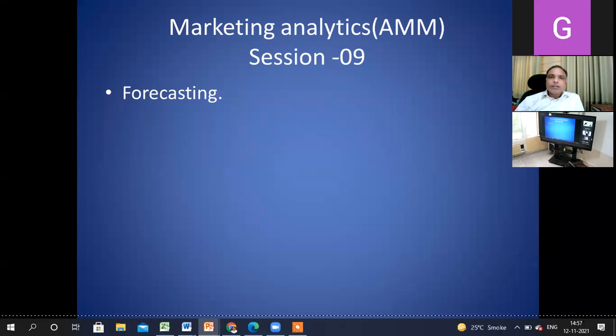Today in session 9, we are talking about marketing analytics, and a very important ingredient of marketing analytics is that after you have a marketing information system, a marketing intelligence system, or you have already collected data, you analyze that data. Now what is next? Next, you need to forecast. In research, whether it is social science research, research in commerce, business, or marketing, we try to develop some kind of relationship.